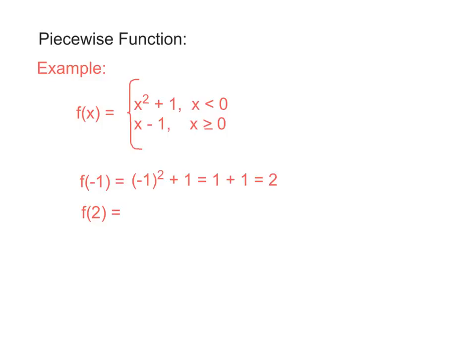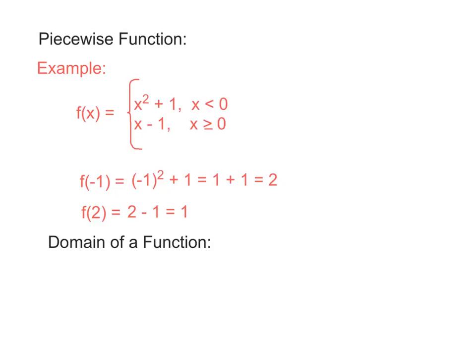I'd want to know the value of the function at x equals 2. Well, in this case, 2 is certainly greater than or equal to 0, so I would use the second equation. And this would be equal to 2 minus 1, or 1. So for f of minus 1, we'd use the first equation and come out with 2. For f of 2, we'd use the second equation, and we'd come out with 1.